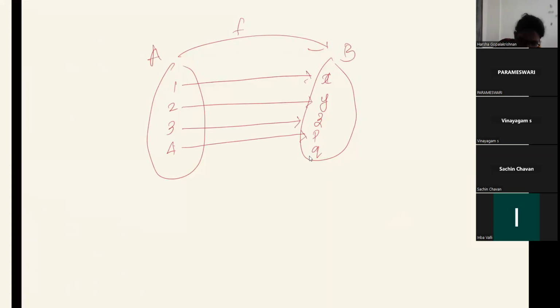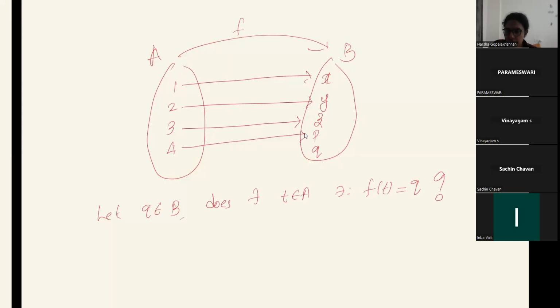Here, if I take Q in B, does there exist some T in A such that f of T equals Q? The question is, I am taking a fixed element Q. Is there any element in A mapped to Q?